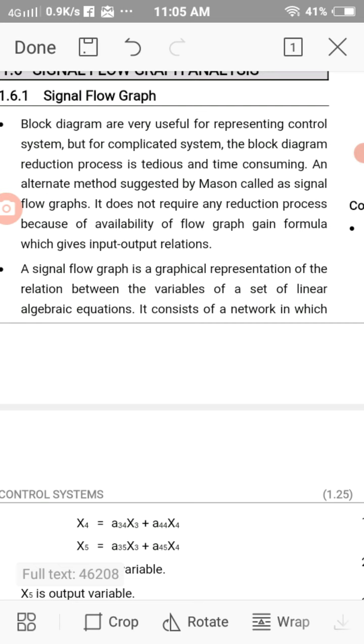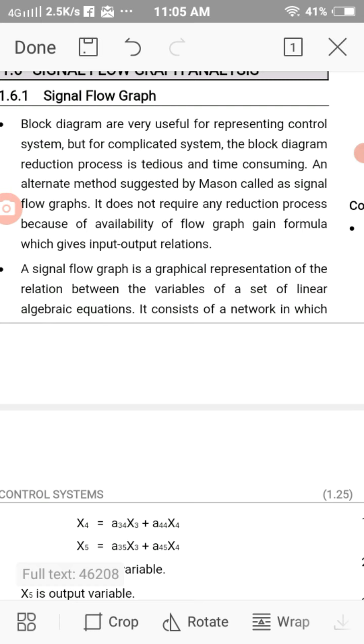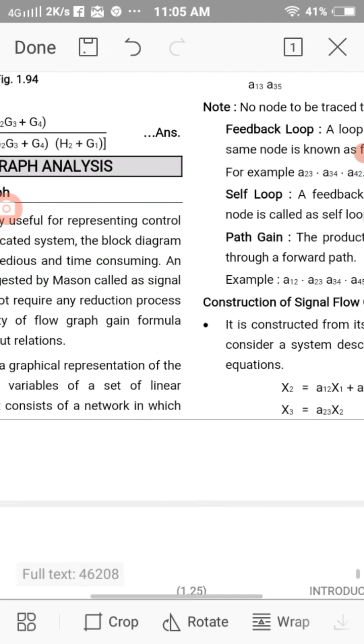Here in this case, block diagrams are represented with the help of lines and along with it the gain is mentioned. Block is replaced by gain. This is nothing but a signal flow graph. If I have a block diagram and replace it with flow graphs, that is gain and other parameters, it will become a signal flow graph.